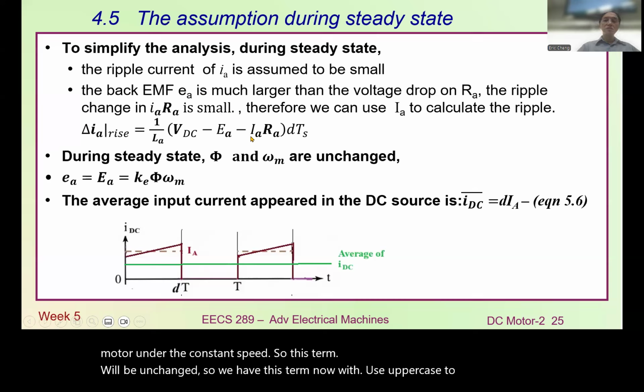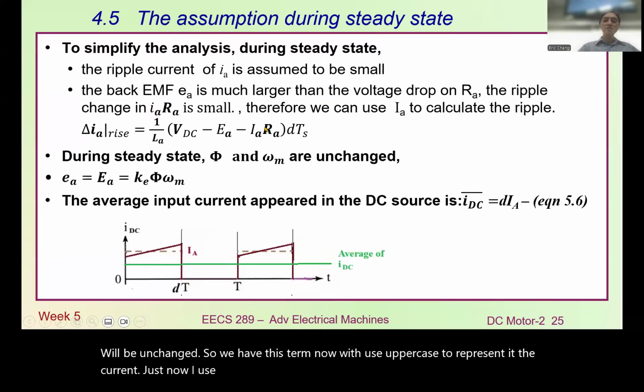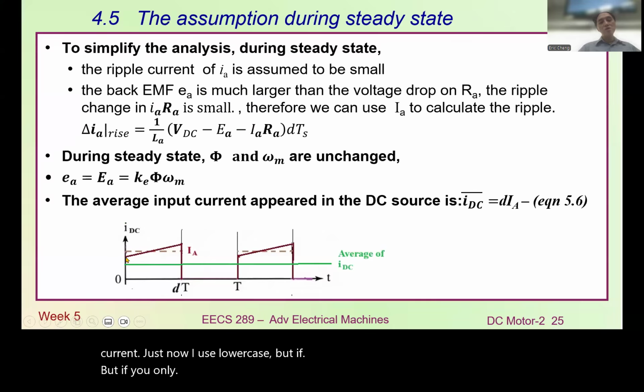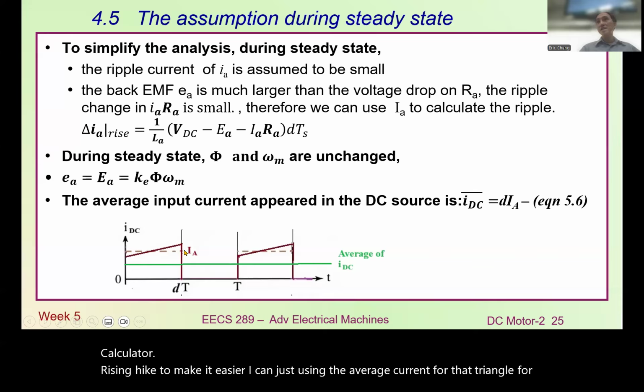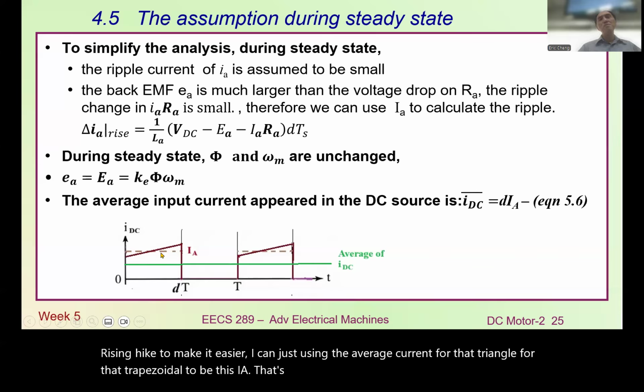The current, just now I used lowercase, but if we only calculate the rising, to make it easier, I can just use the average current for that trapezoidal triangle, to be this IA. That's good enough. The ripple is usually small, only 5% or less.